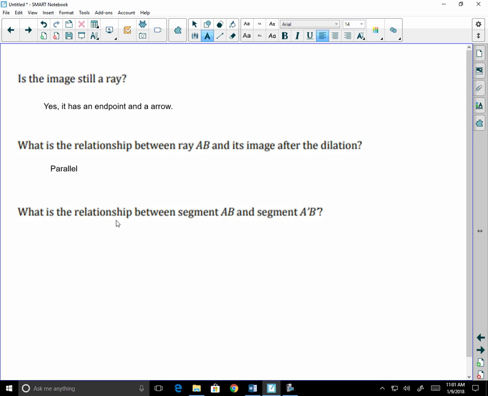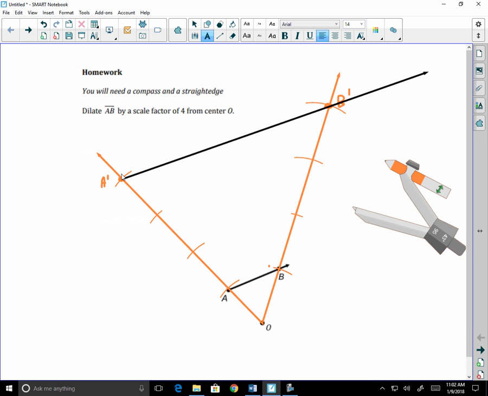Next question says, what is the relationship between segment AB and segment A prime B prime? Now, when we add the word segment here, the word segment is just talking about the piece from A prime to B prime. It's not talking about this extra little part here with the little ray piece.